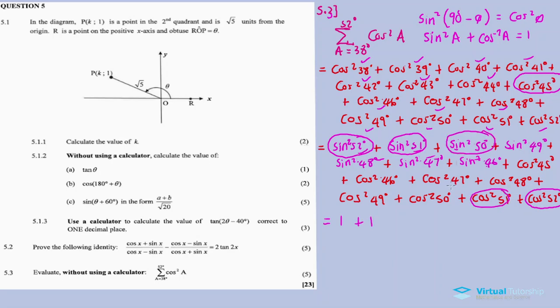This one and this one gives me 1. This one and this one gives me 1. So this one and this one gives me 1.